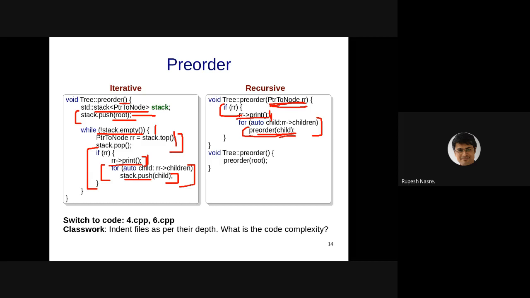Okay. So Mayank says order n, where n is number of nodes. Ashwin says order number of nodes. Andrea says order n since we go to each node.